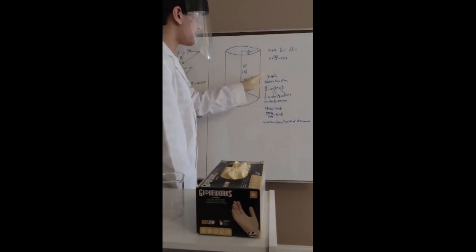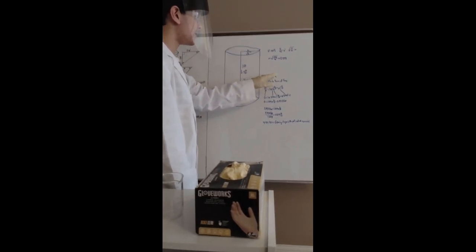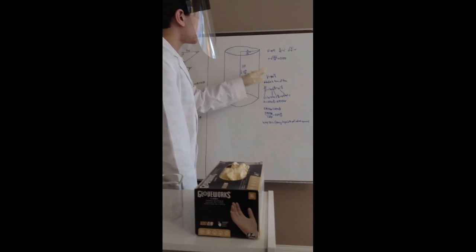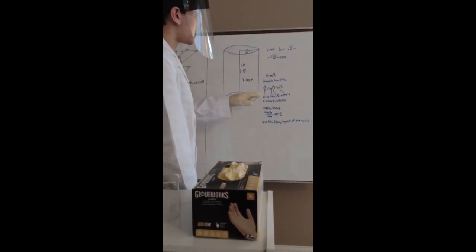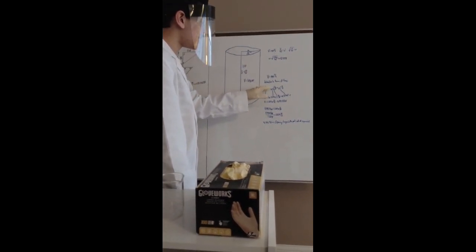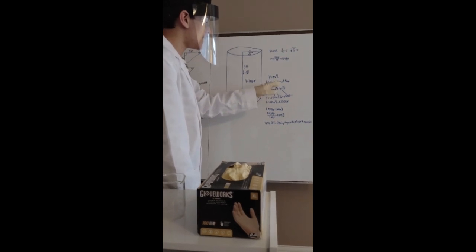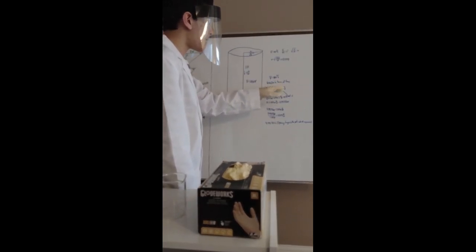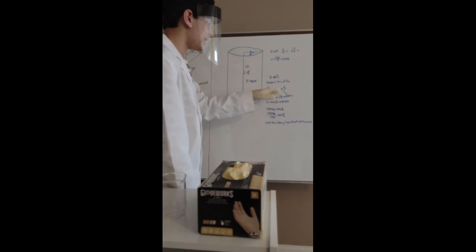So I again use the volume formula of a cylinder, V equals pi R squared H, and I find the derivative of it in terms of time, which would be dV over dt equals 2 pi RH dr over dt plus pi R squared dH over dt.